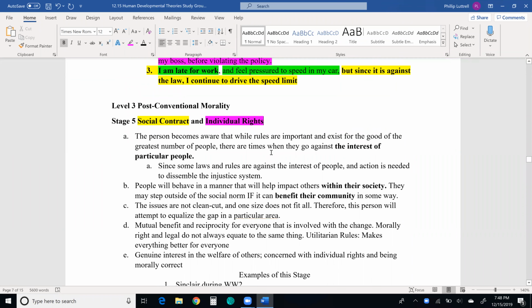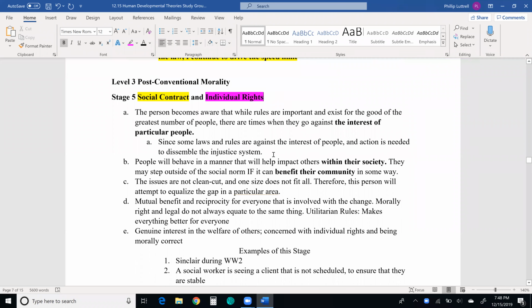The person becomes aware that while rules are important and exist for the good of the greatest number of people, there are times that they will go against the interests of particular people. Again, we want to follow the rules and laws, but at some points in time, there are people that are being indirectly or directly oppressed based on the laws and rules of society.